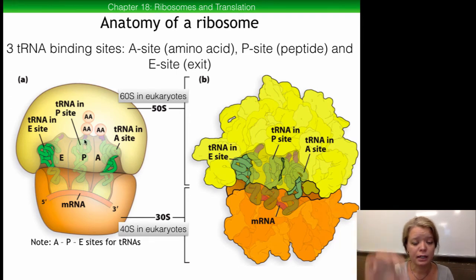The tRNA in the P site has a polypeptide chain fully attached to it, and as the reaction occurs, the sites of both tRNA molecules will be so close that this new peptide bond will be formed between the carboxyl group of the second amino acid and the amino group of the third amino acid. Now, this tRNA here in the exit site was the tRNA that brought this first amino acid to the ribosome, and it's ready to be discharged. It has now discharged from the ribosome because it has completed its task.